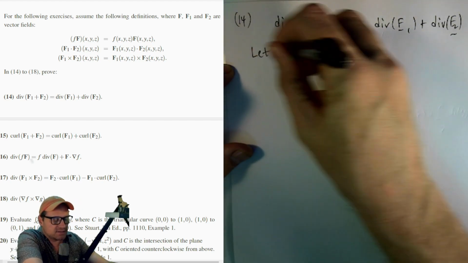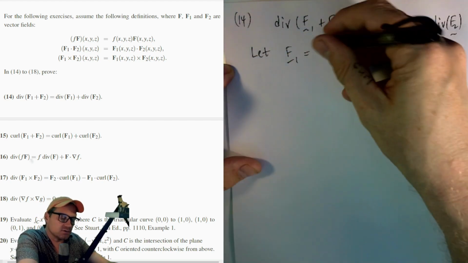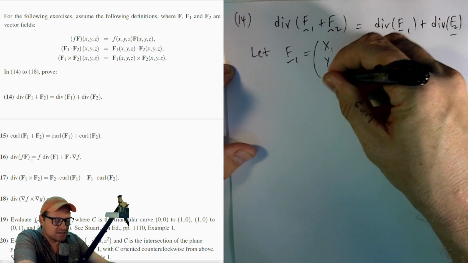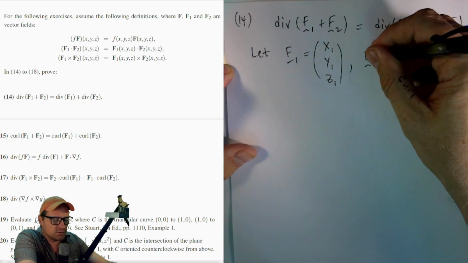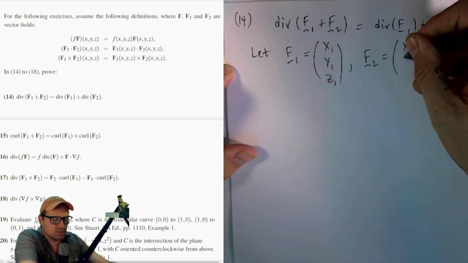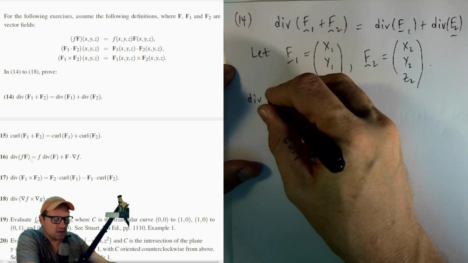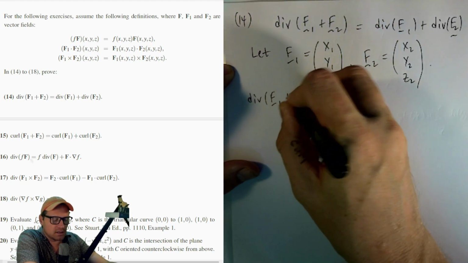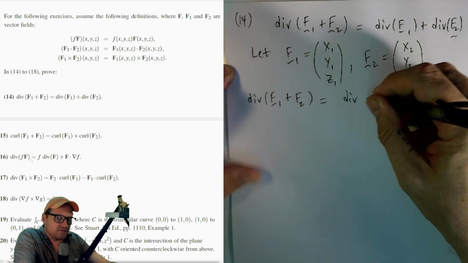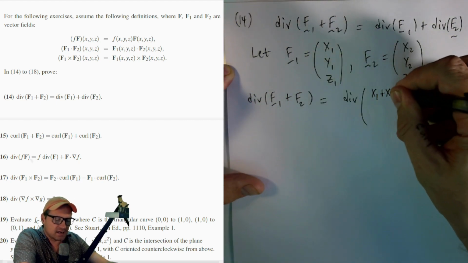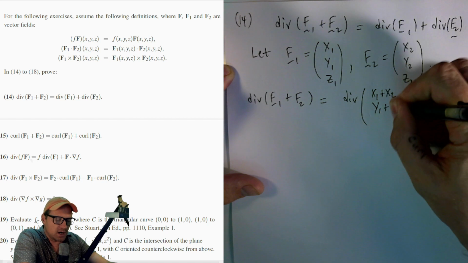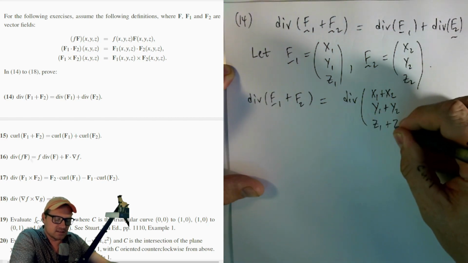So we'll say let F1 be equal to x1, y1, z1, and F2 be equal to x2, y2, z2. So div of the sum of F1 and F2 is div of x1 plus x2, y1 plus y2, z1 plus z2.